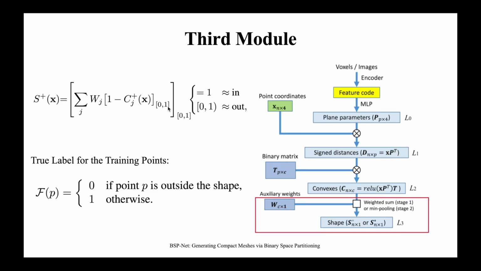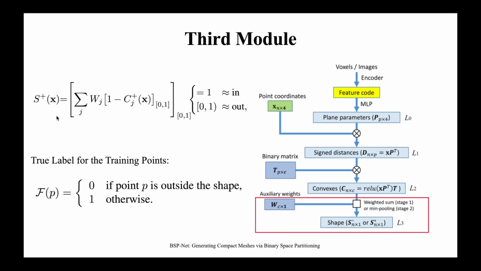If the value in the bracket is less than 0, then no matter how small it is, we set the value to 0. And if the value is bigger than 1, no matter what positive number it is, we set it to 1. This Wj here means to do the weighted summation.